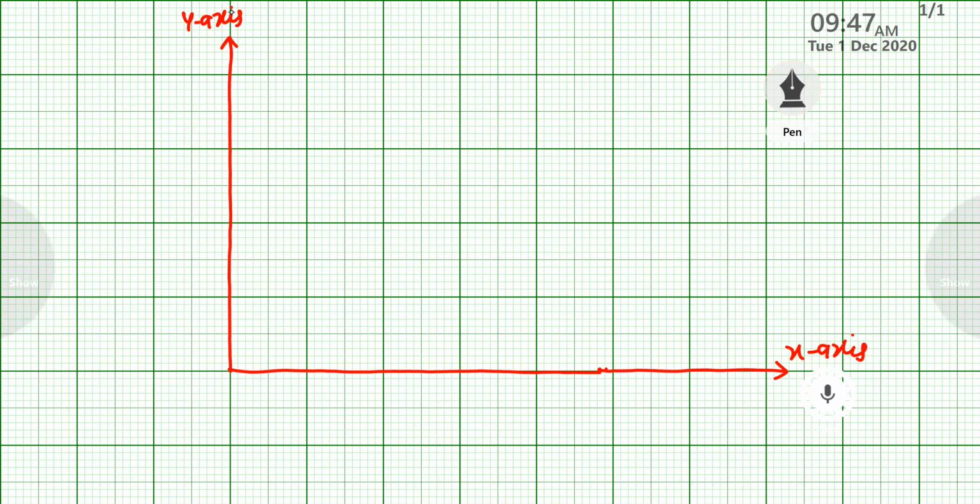I have told one concept to you, always frequency I want to represent on y-axis and whatever month is there, we want to represent on x-axis.